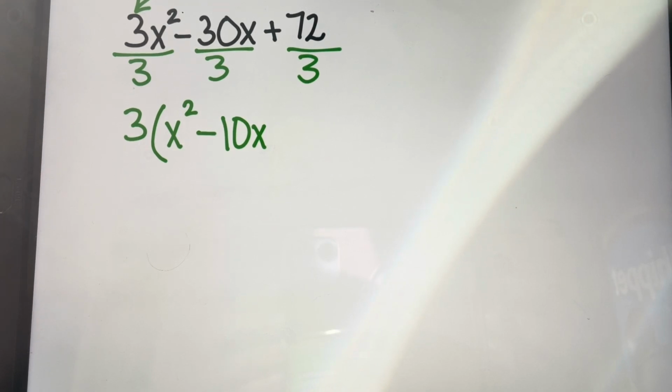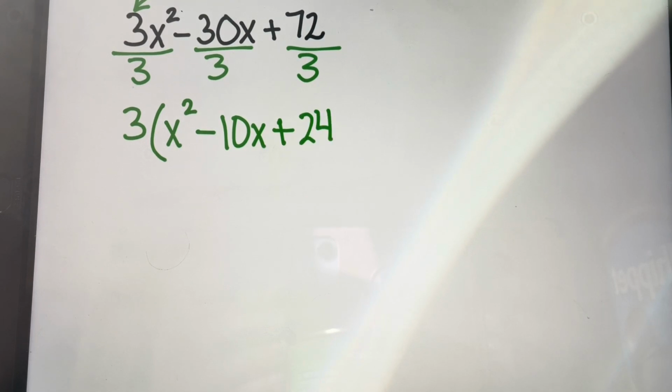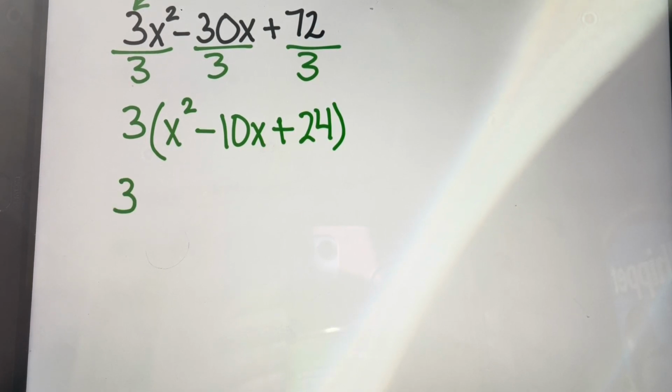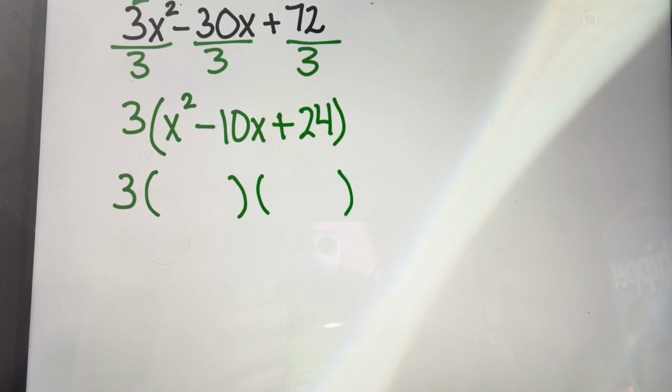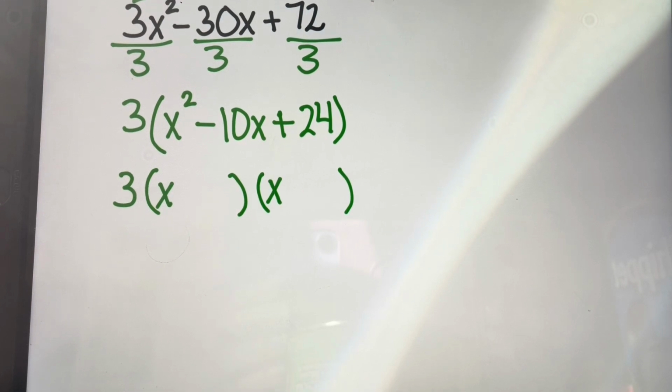And when you type 72 divided by 3 in your calculator, you're going to find 24. Now, what you're looking at is a simple trinomial in those brackets. So bring your greatest common factor with you. Set up 2 brackets for factoring the remainder. You know you have to have x in the beginning of each of them.